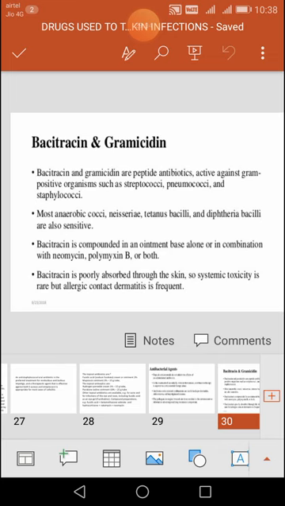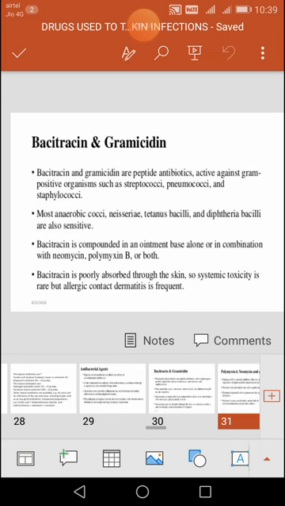So for these bacteria, this can be used. Bacitracin is compounded in an ointment base alone or in combination with neomycin, polymyxin B, or both. Bacitracin is poorly absorbed through the skin, so systemic toxicity is rare, but allergic contact dermatitis is very frequent.